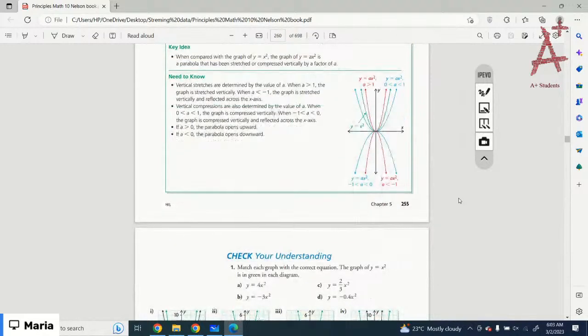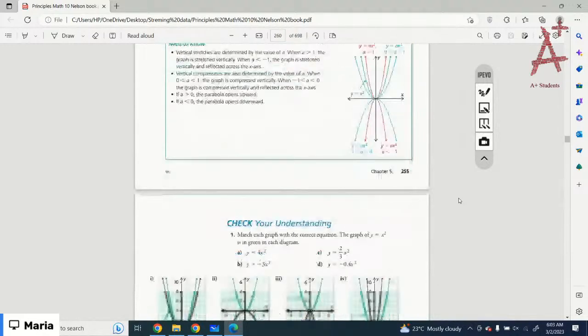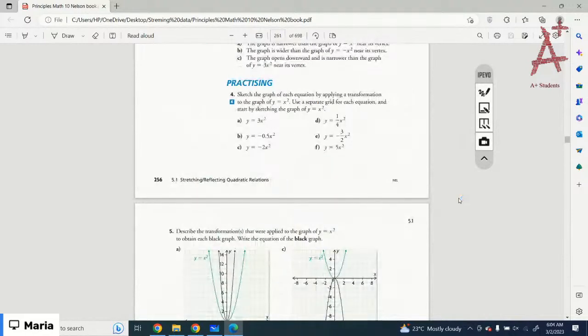Now we're going to do the practice questions. Let's start with question number 4. Sketch the graph of each equation by applying a transformation of the graph y equals x squared.